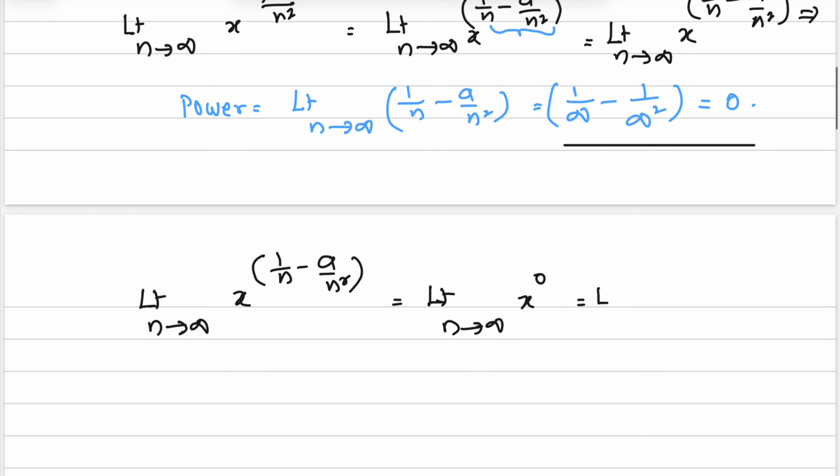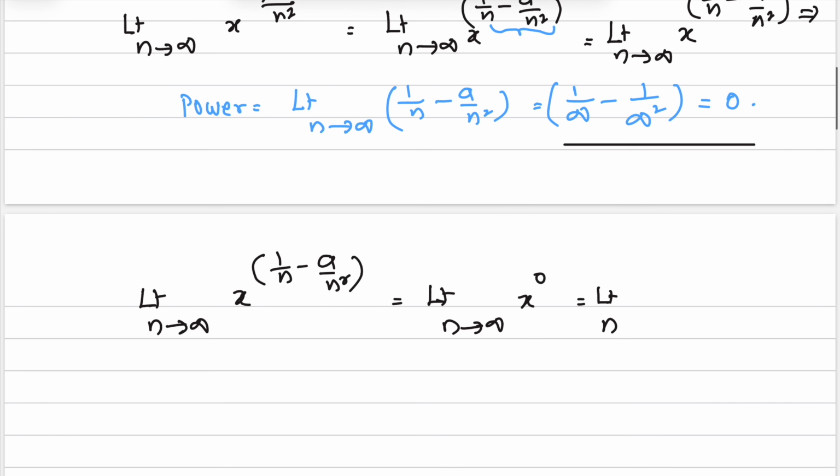That is equal to limit n tends to infinity of x to the power of 0, which is 1.